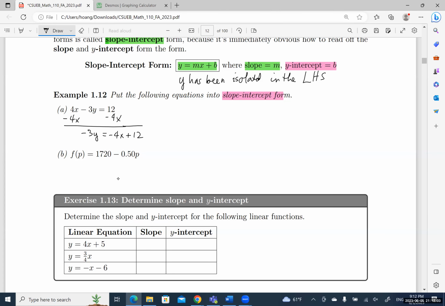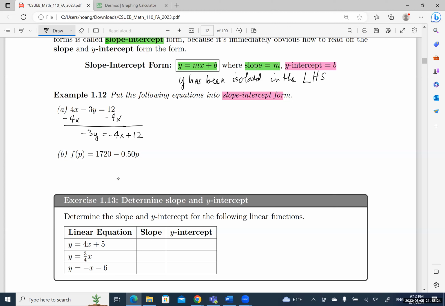You can write 12 minus 4x, that is okay too, but the thing here is I want to have the 4x first to make sure I have a term of x first, so later I can find the slope m easily.